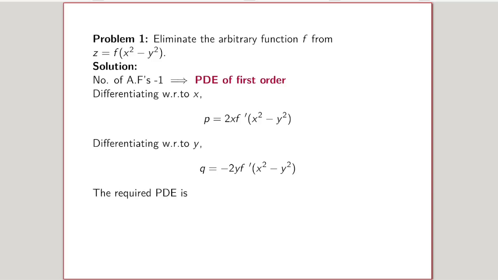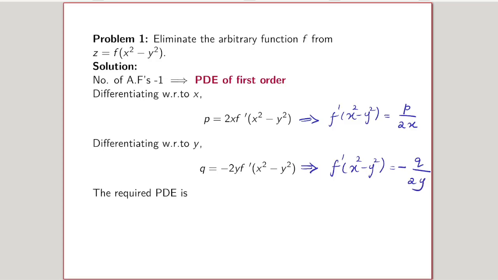Now, in order to find the required PDE, from the first equation we can write f dash of x squared minus y squared as p divided by 2x. Similarly, from the second equation, we can write f dash of x squared minus y squared as minus q divided by 2y. Since both left hand sides are equal, we can equate the right hand sides also.